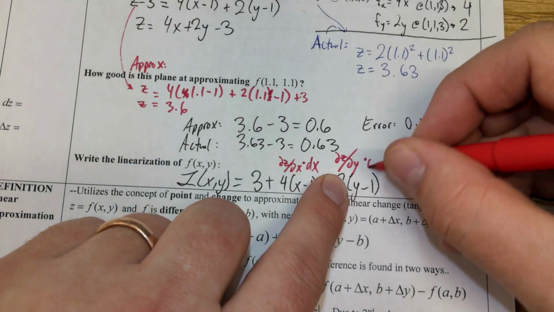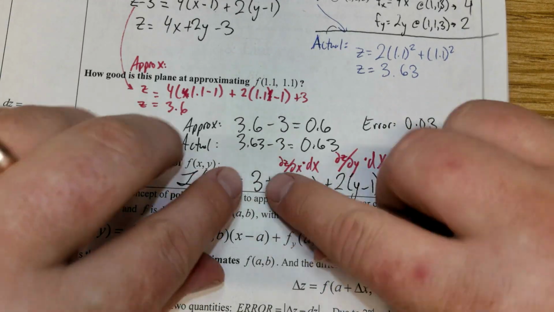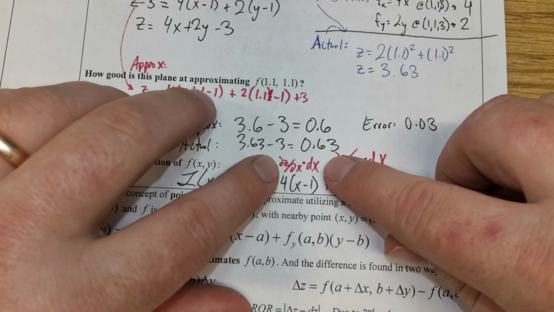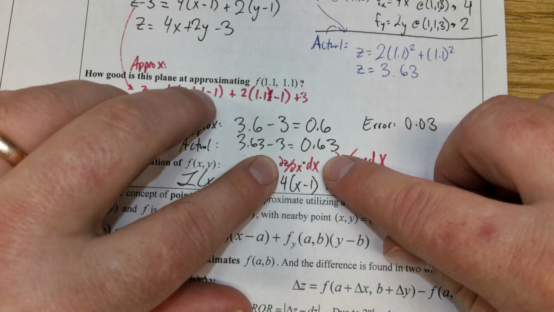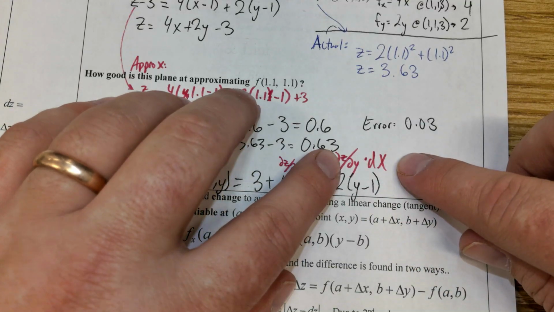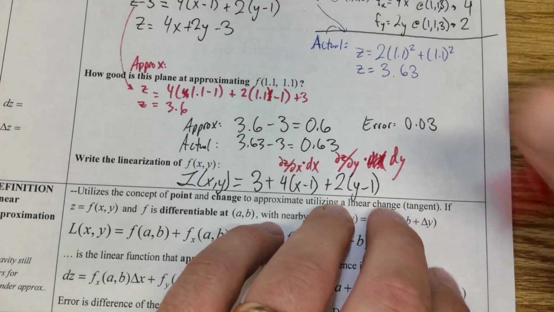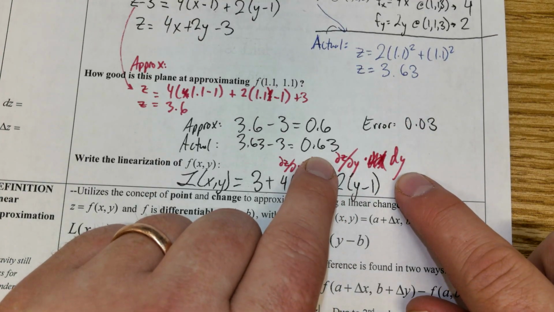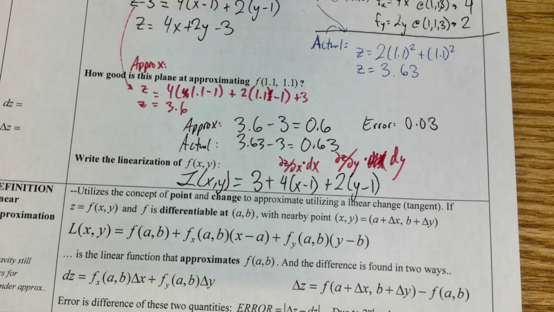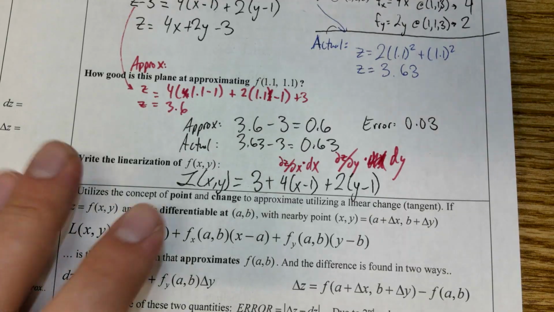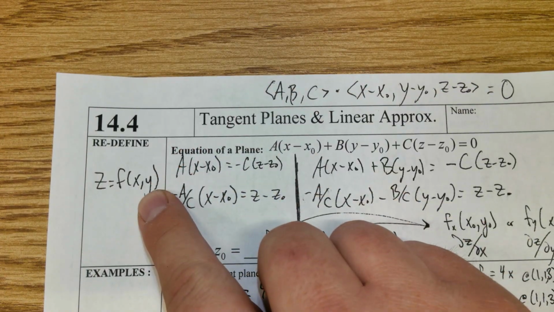And I multiply it by some change in y. So then I have a value of x plus the change in z due to x, and the change in z due to y. And so there's nothing else that would affect change on z, because z is dependent on x and y. We define that at the top.